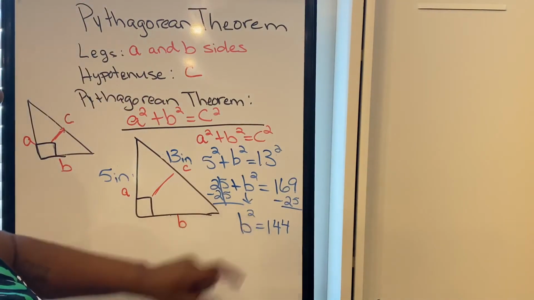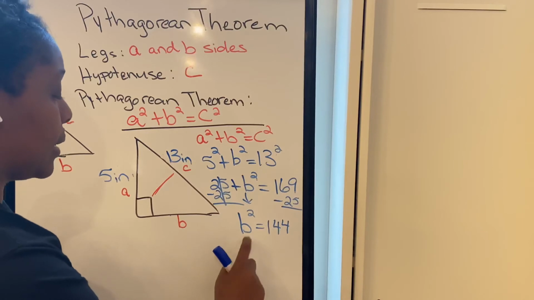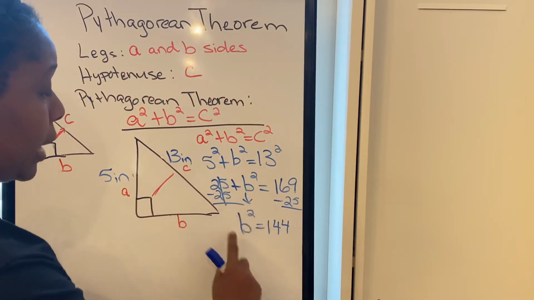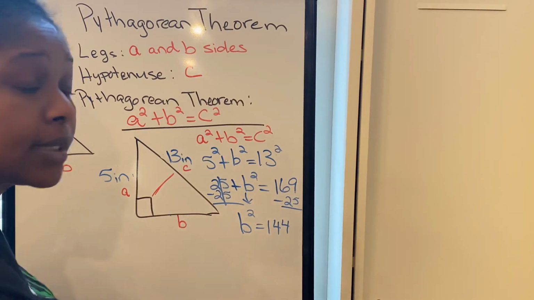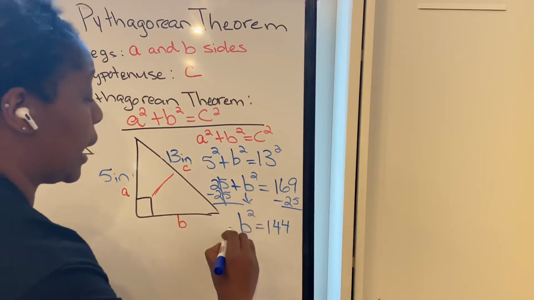Because look, this is still in the way of getting this letter by itself. So this right here needs to look like this. How do I do it? Same thing I did in the other example. You take the square root.